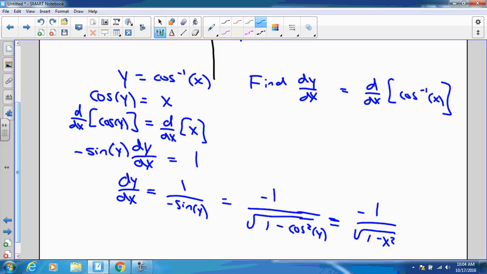So Elliot, tell me the things you learned from this problem. A couple things. First thing is take cosine. Of both sides, yeah. You're really inverting both sides. And then what's the second thing you learned?